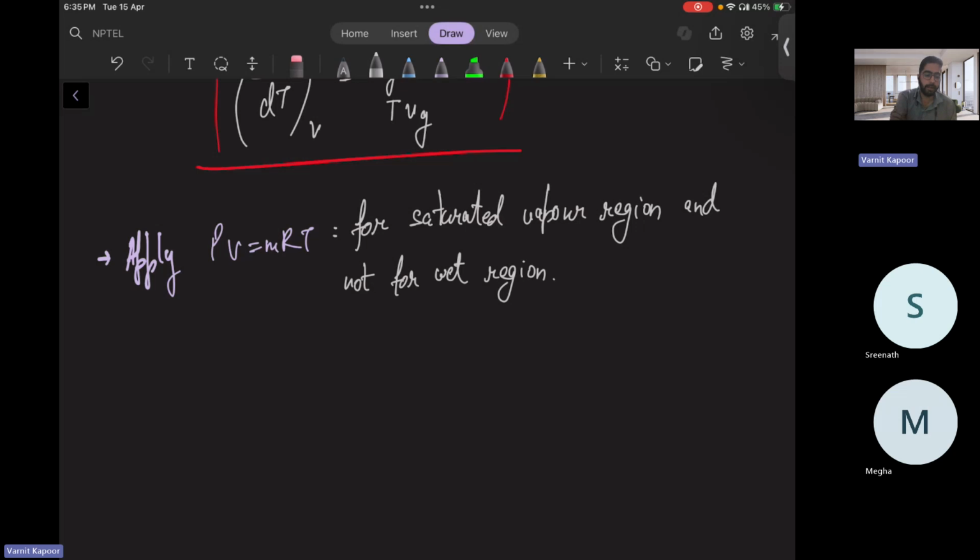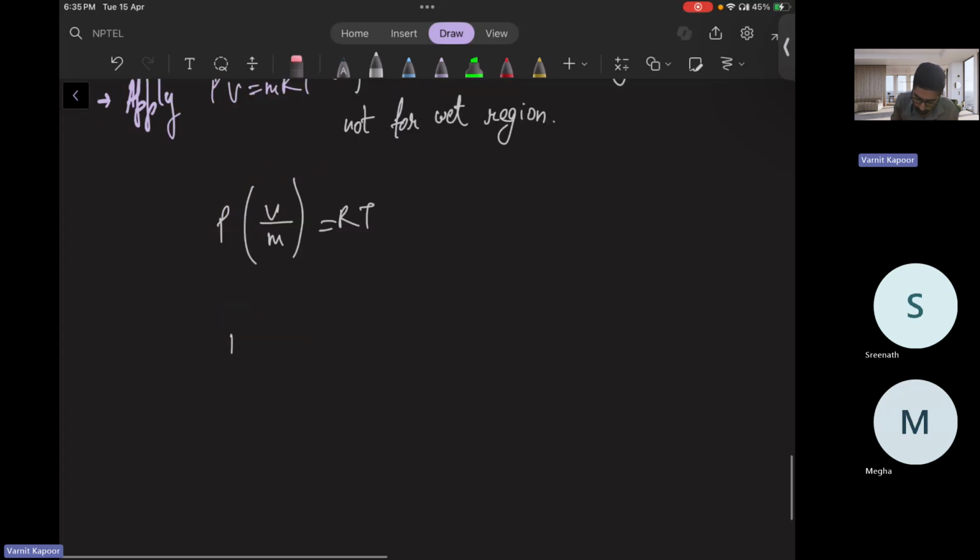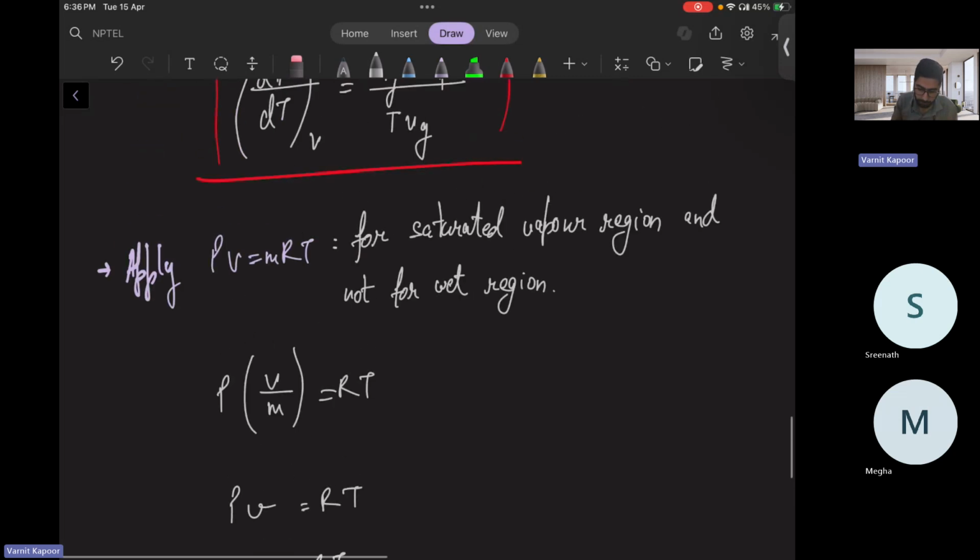So I can write P into V by m equal to RT. So specific volume v is RT by P, and I'm talking about the saturated vapor region, so that is vg specifically.